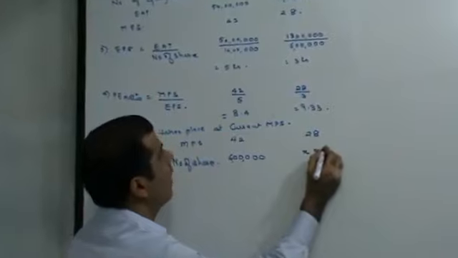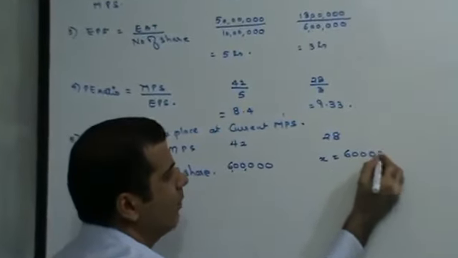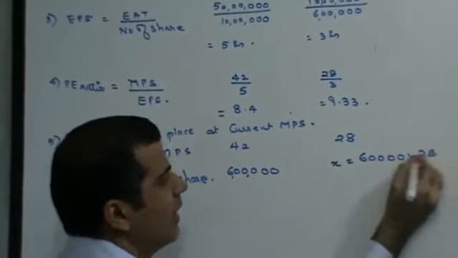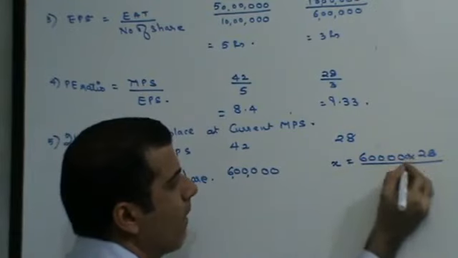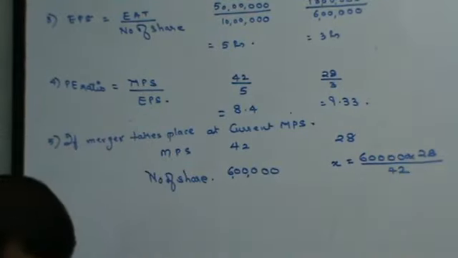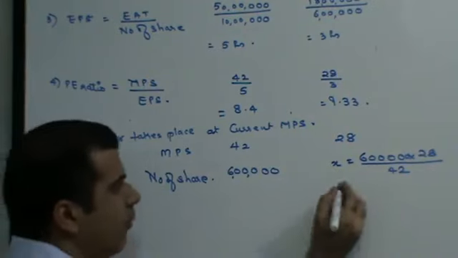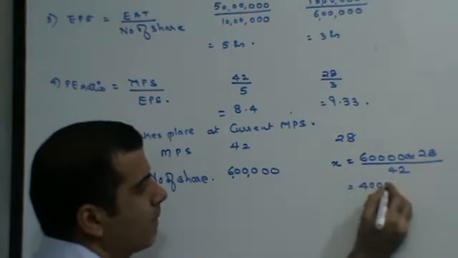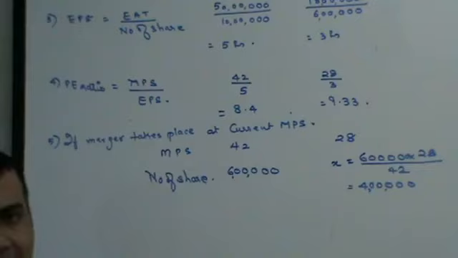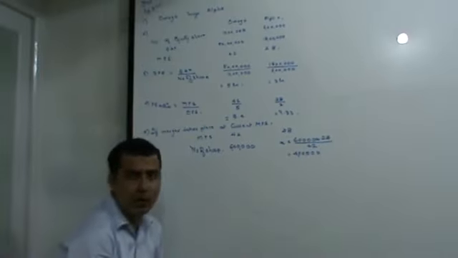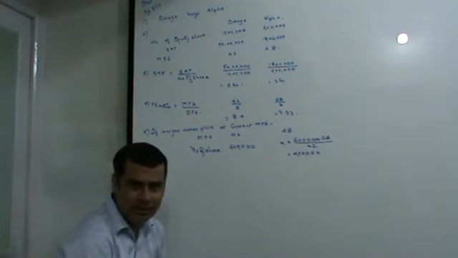It will give the shareholders of Alpha 6 lakhs into 28 divided by 42, which works out to 4 lakh shares. Thus, Omega Limited buys 6 lakh shares of Alpha Limited and in return issues 4 lakh shares of Omega Limited.